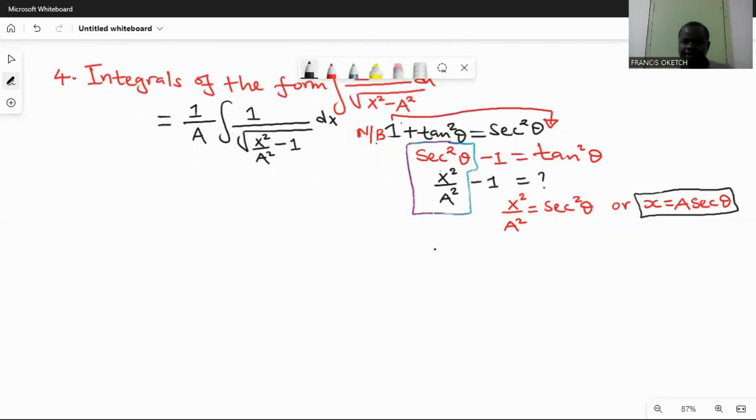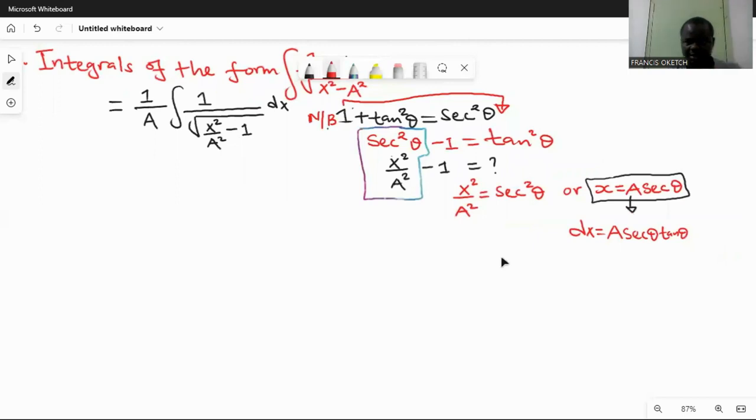And when you differentiate x with respect to theta, what will be our dx? When you find the derivative, dx will be equal to the derivative of sec theta, which gives us sec theta times tan theta, and remember we are differentiating with respect to theta.